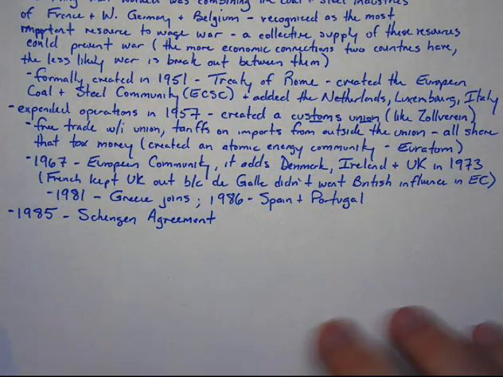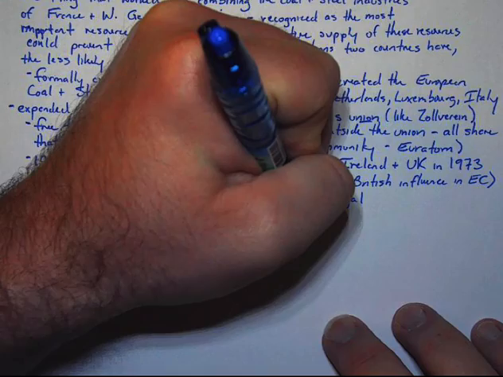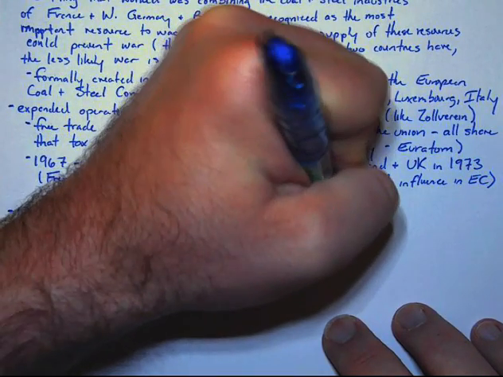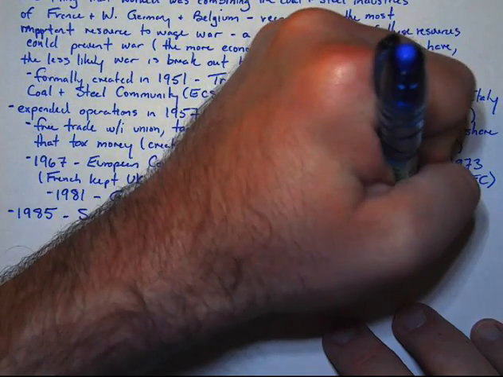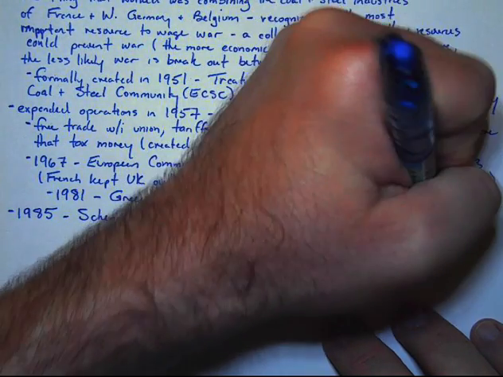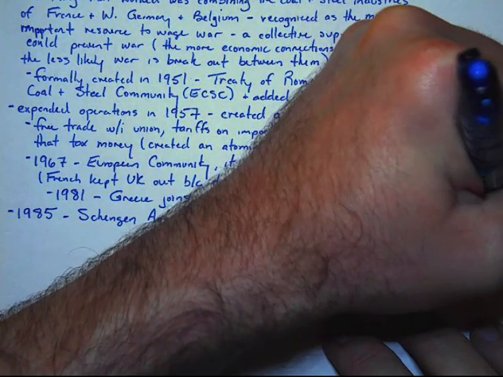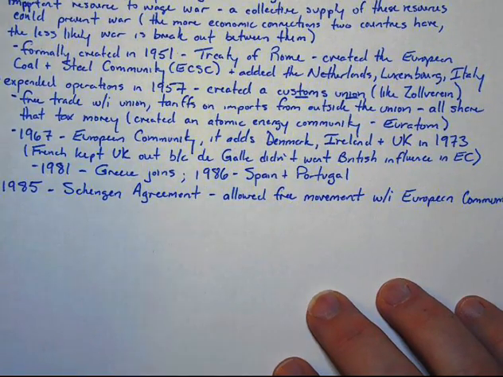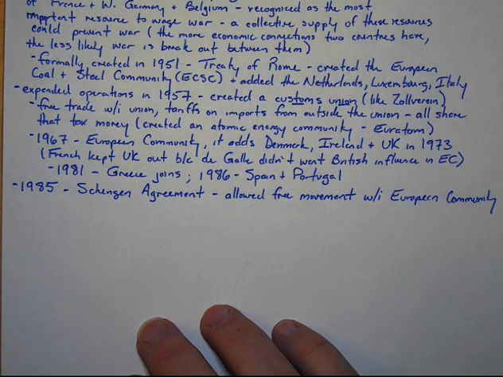And what the Schengen Agreement did is it allowed free movement within the European Community. So there were no needs for passport checks in between borders. You could move between France and West Germany, the same as you could move between Florida and Georgia.